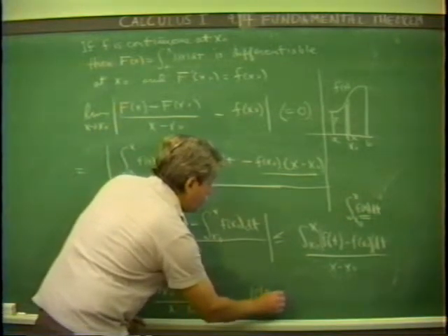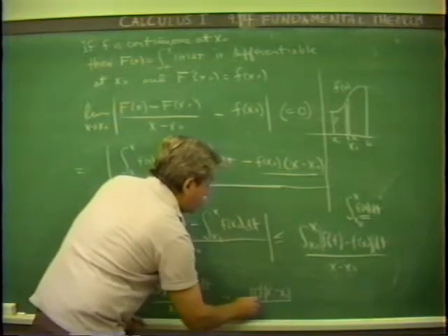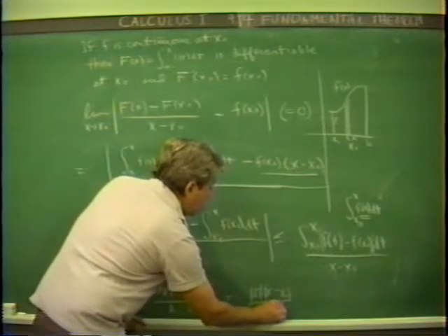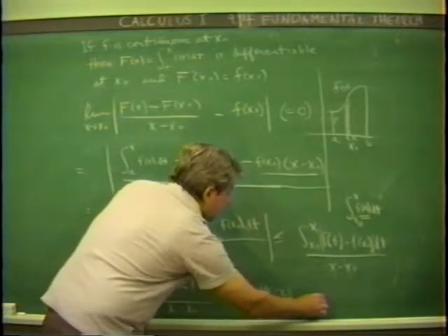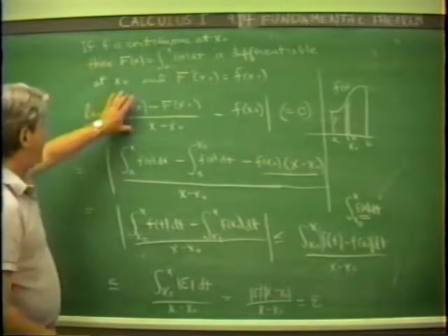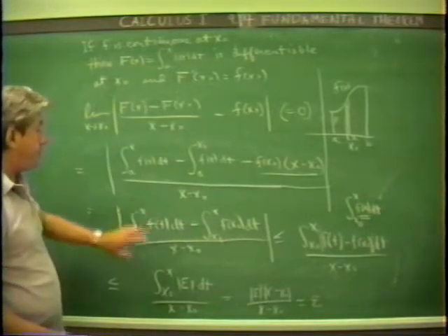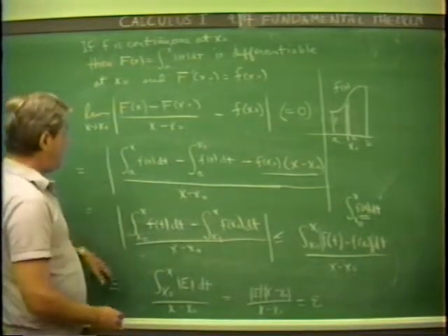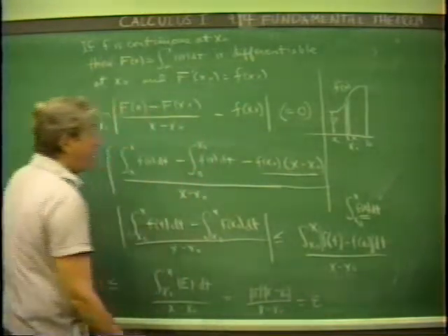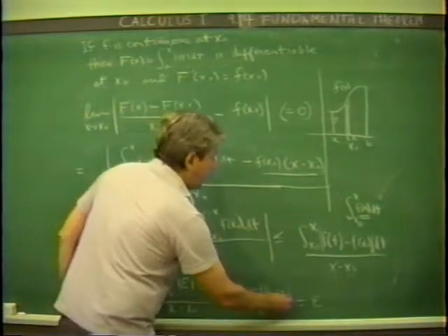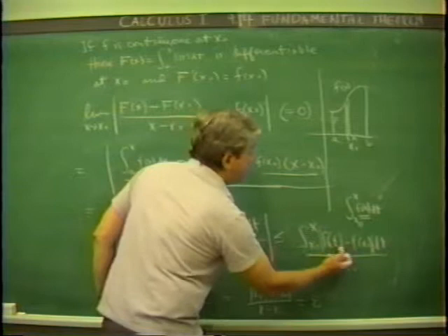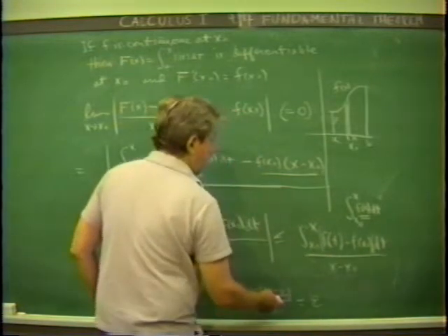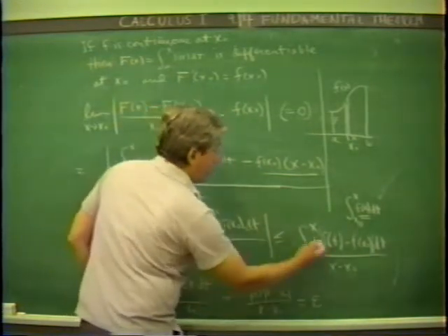Right? Which of course is equal to epsilon times, this is a constant over the interval x naught to x, so x minus x naught over x minus x naught, which is equal to epsilon. So that shows that this absolute value here is less than or equal to epsilon, no matter which epsilon you choose.